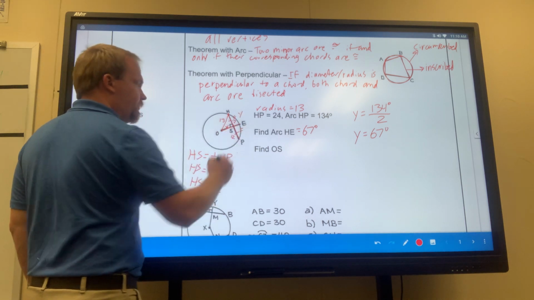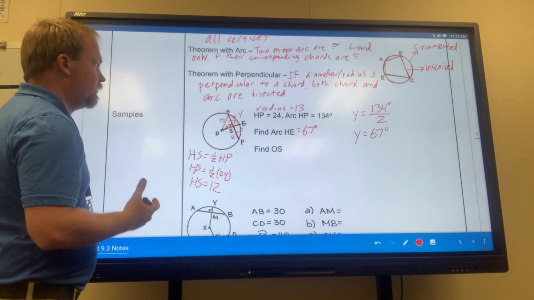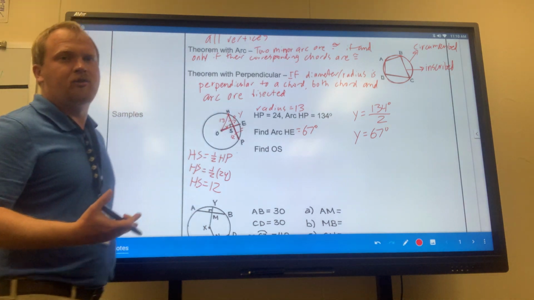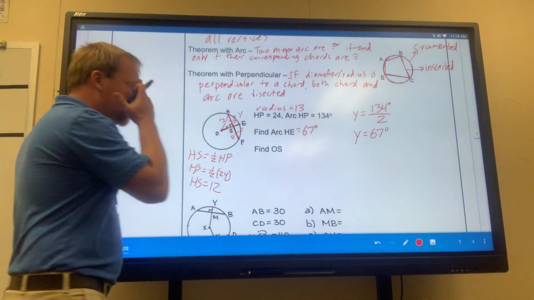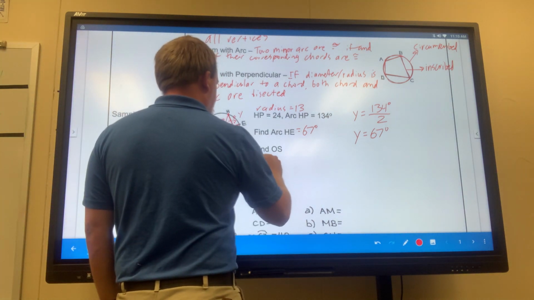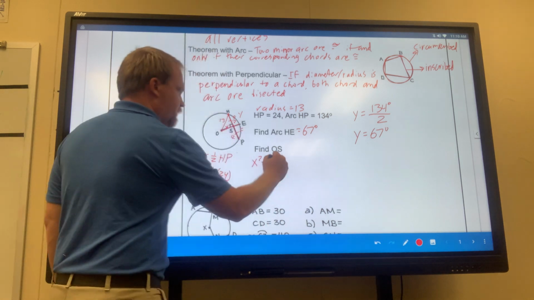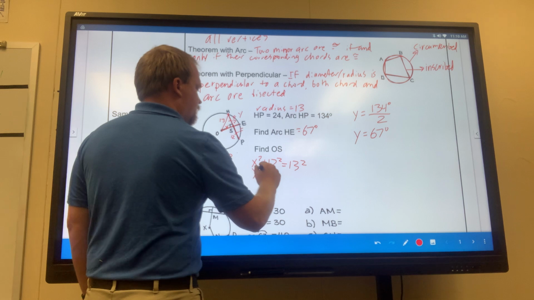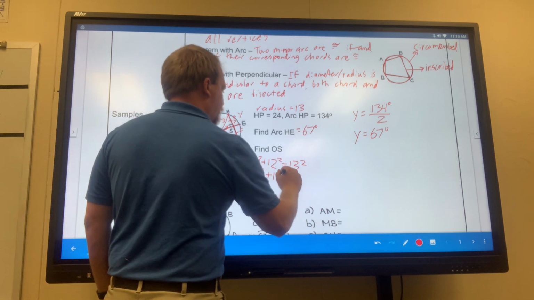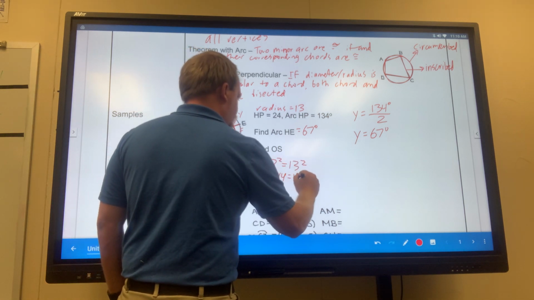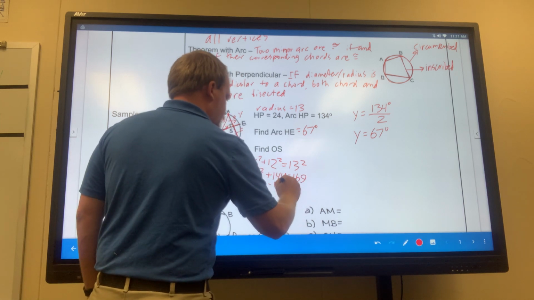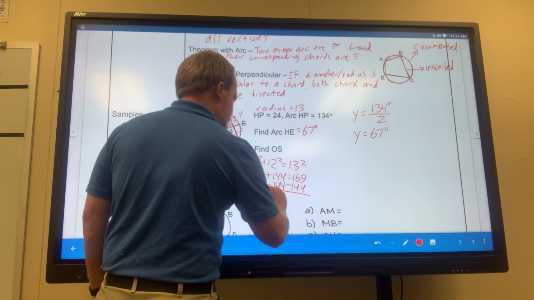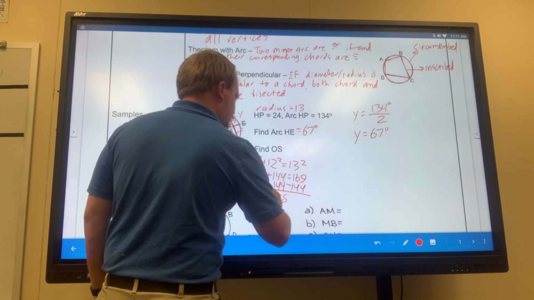12 here, 12 there. Now, notice that I have a right triangle, so I can use the Pythagorean theorem to find that third length. So I can say x squared plus 12 squared equals 13 squared. 12 squared is 144, 13 squared is 169. Subtract 144 from both sides. x squared equals 25.